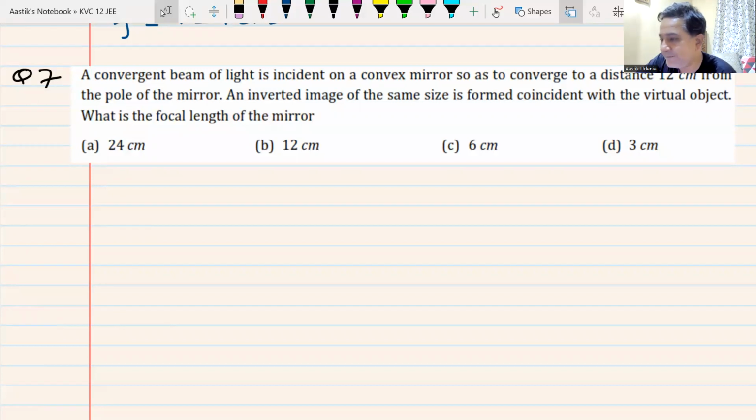A convergent beam of light is incident on a convex mirror so as to converge at a distance of 12 centimeters from the pole of the mirror. An inverted image of the same size is formed coincident with the virtual object. What is the focal length of the mirror?